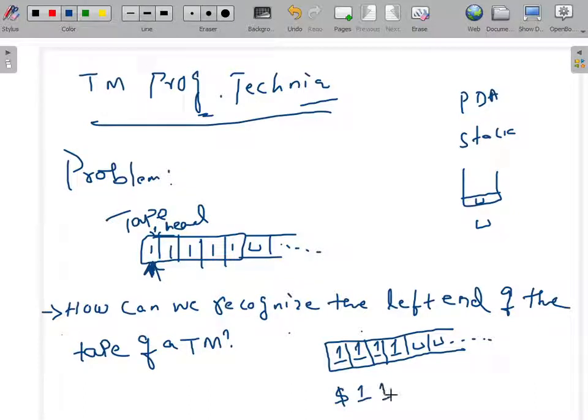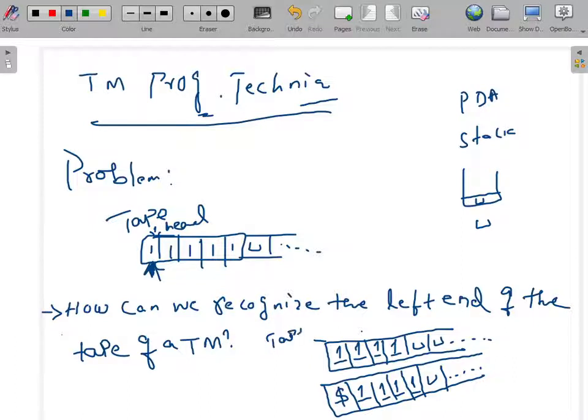After adding the dollar, the tape will look like this: dollar, then 1 1 1 1, and so on infinitely. Previously the tape was without it.